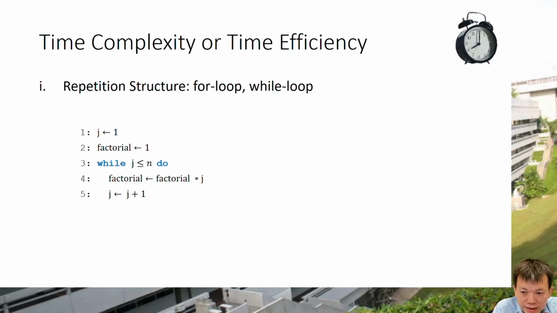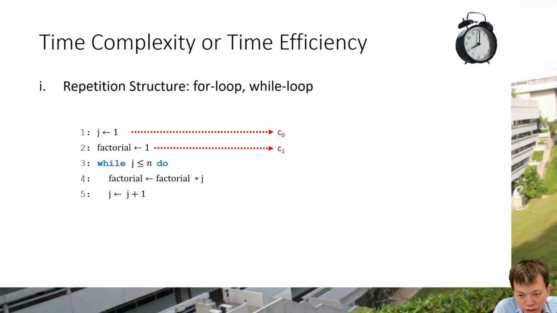First I assign 1 to j. As I mentioned earlier, this is constant time. You assign 1 to factorial, and you take another constant time to do so. C0 and C1 generally should not have any big difference.